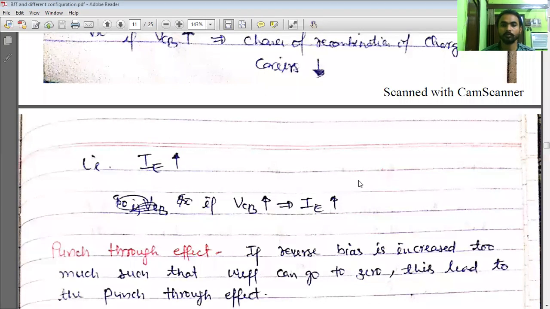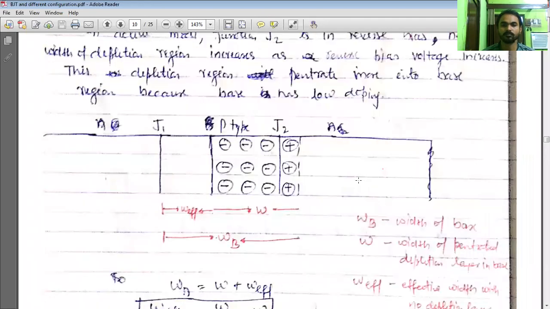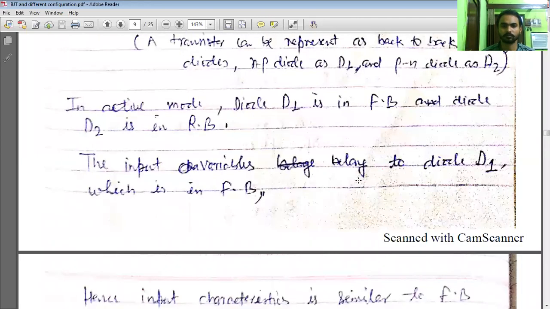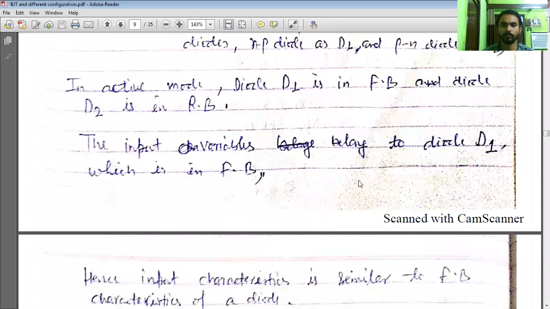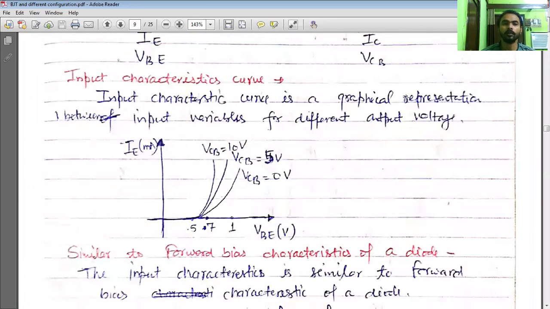Again, I will go to explain this one. We have the curve somewhere. Okay, good. Now what we have learned, we will use here. When I increase the reverse bias voltage, my input current, that is IE, will increase.